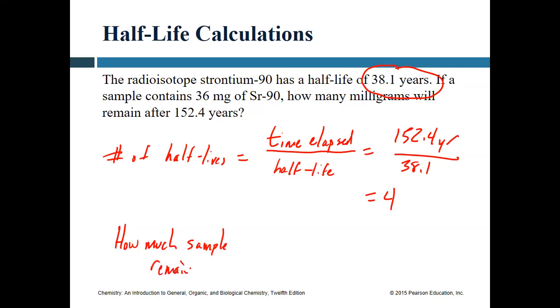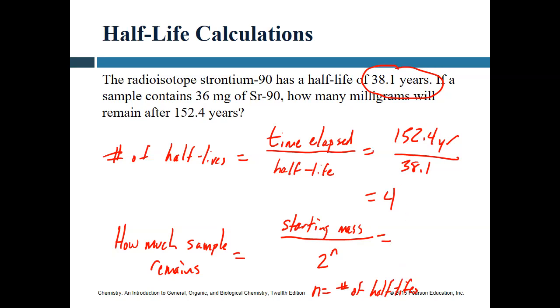To answer the question, how much sample remains, we need to take the starting amount and divide it by 2 to the n, where n is the number of half-lives. So we started with 36 milligrams.